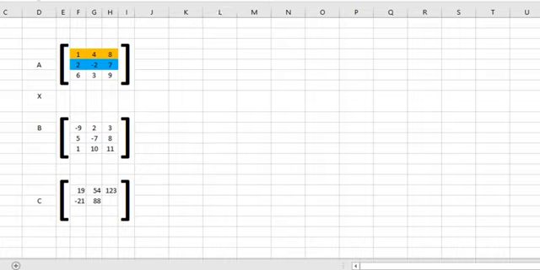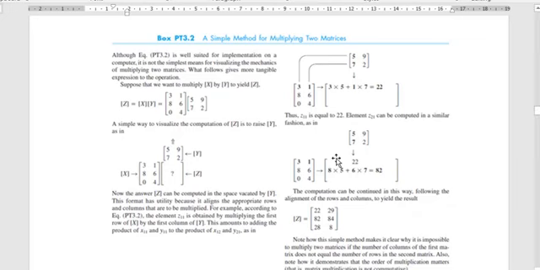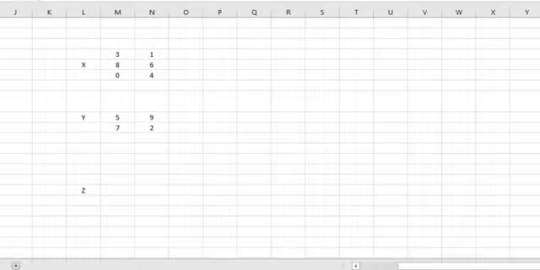However, what if they do not have the same columns and rows? So what do we do now? The next figure, box PT 3.2, will show you how to get the product of two matrices with unequal columns and rows.